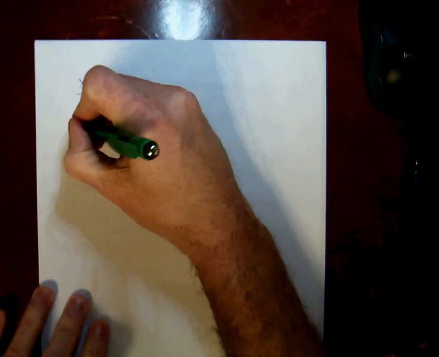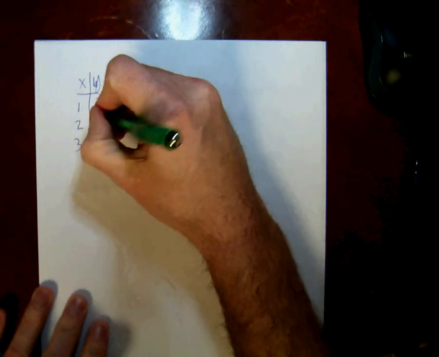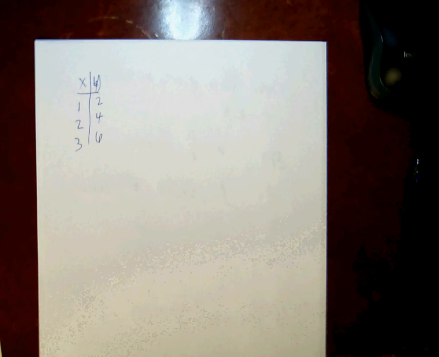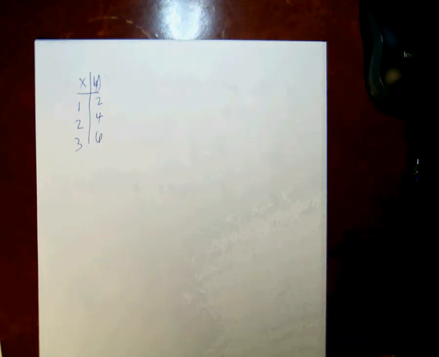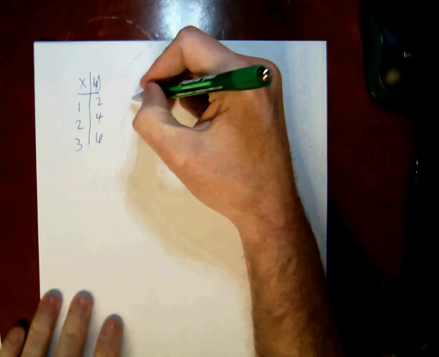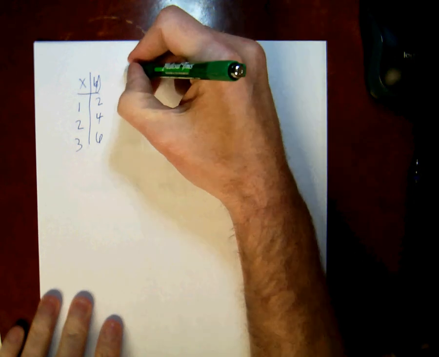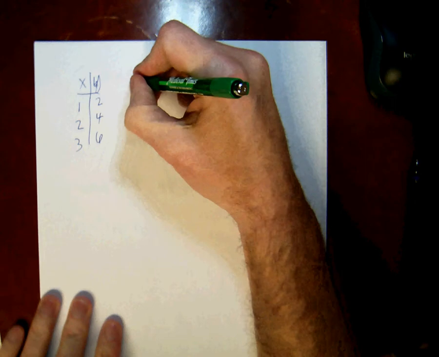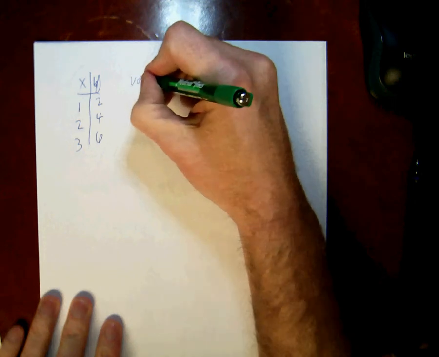We've got x values 1, 2, 3 and y values 2, 4, and 6. And I want to know what kind of variation. So given a chart, I want to find a variation equation.